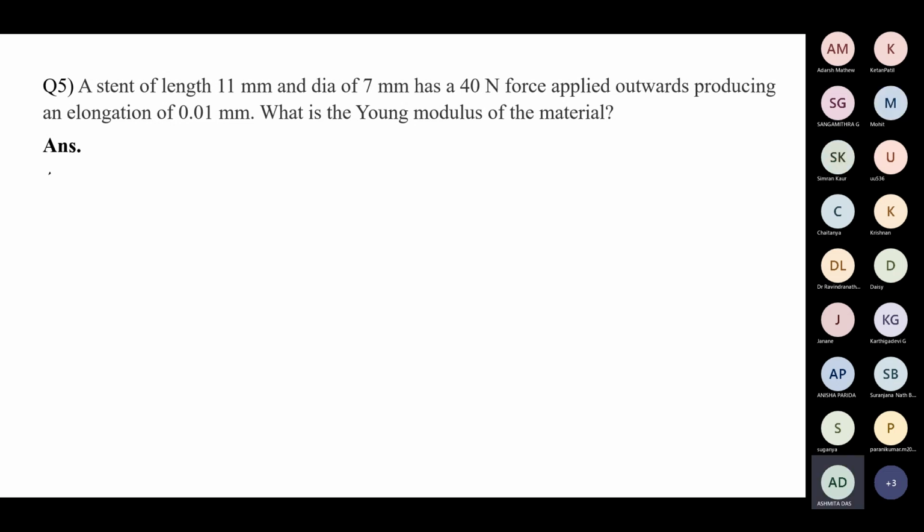As per the question, the initial length of the stent is 11 millimeter, diameter of the stent is 7 millimeter, radius is 3.5, the cross-sectional area is 38.46, force is 40 Newton, elongation of the length is 0.01 millimeter. As per the formula of Young's modulus, Y equals F into capital L divided by A into small l. So 40 into 11 divided by 38.46 into 0.01.